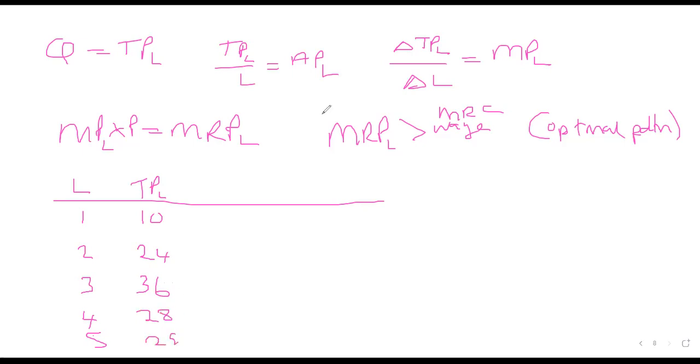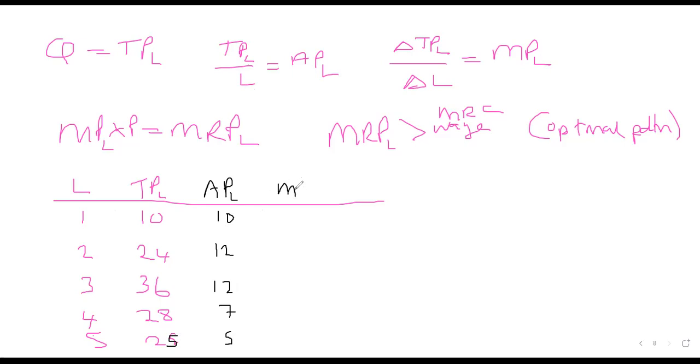How do we find the average product of labor? According to the formula, it's the total product of labor over labor units. So 10 over 1, we get a 10. 24 over 2, we get a 12. 36 over 3, we get a what? 12. 28 over 4, we get a 7. 25 over 5, we get a 5.